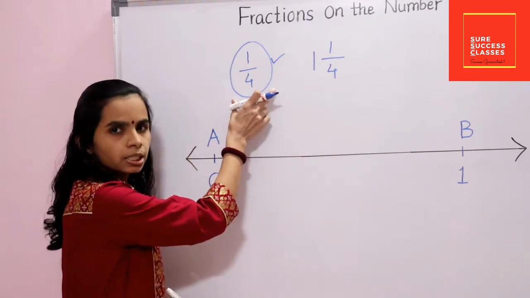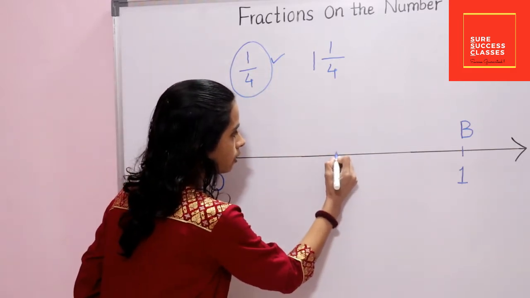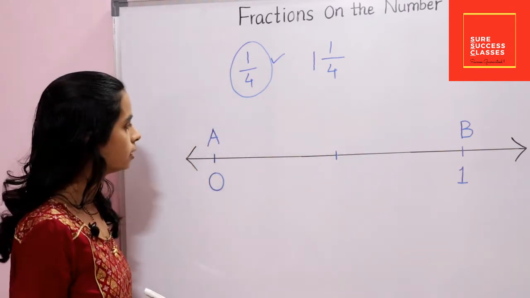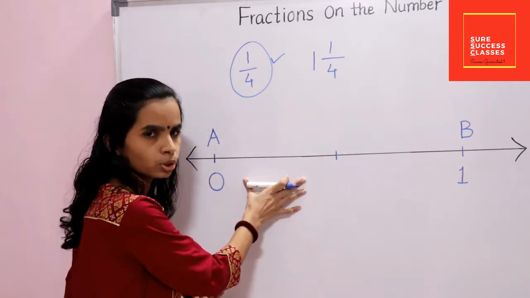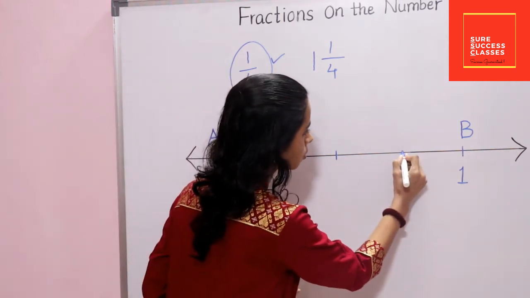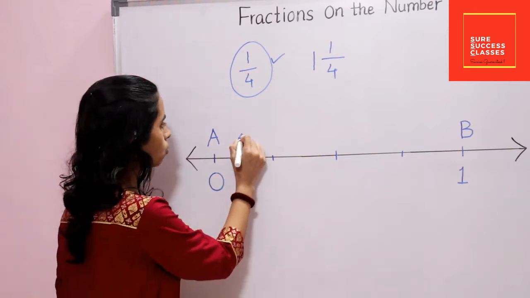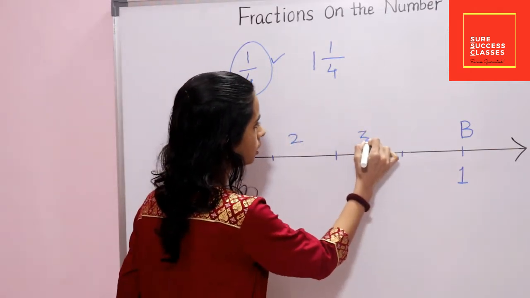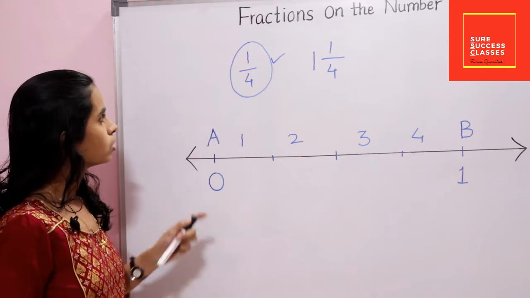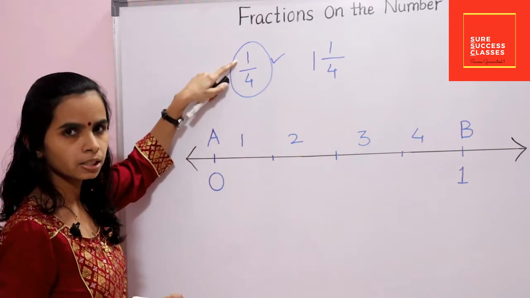Now we have got this segment. If the denominator is an even number, you can divide this segment into two parts, and then divide this portion into two parts and this portion into two parts. Now we have 1, 2, 3 and 4 equal parts. Out of these 4 equal parts, one part is considered.